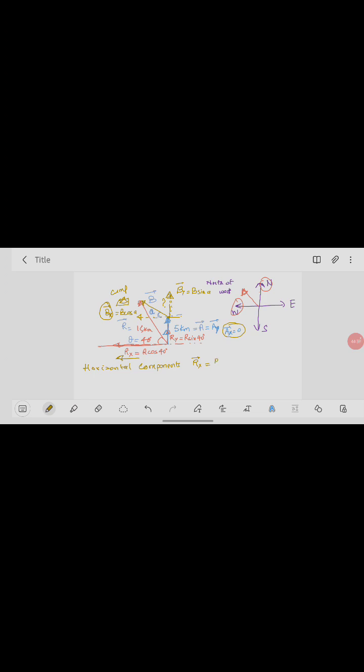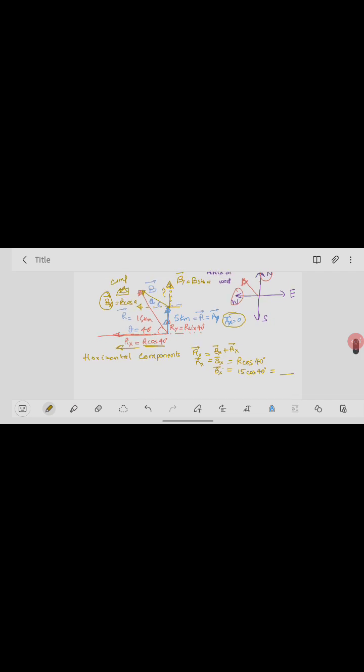Resultant will be equal to Bx vector plus Ax vector. Ax is 0, so it will be only Bx. So Rx equals Bx, no problem, which equals R cos 40 degree. Yes or no? R is how much? 15. So it will be 15 cos 40 degree. You can calculate it. That will be the value of Bx. No problem.